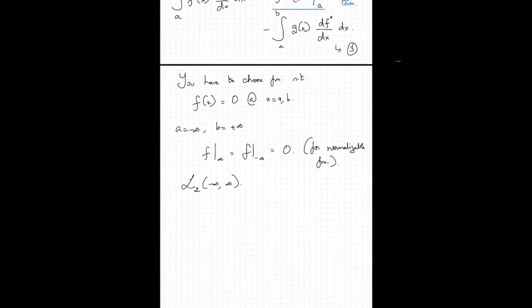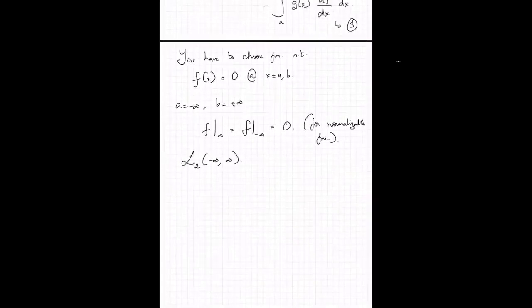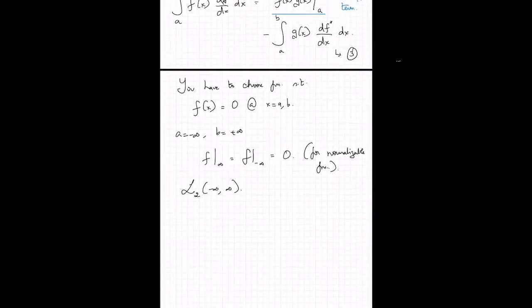So in the space L2 of minus infinity to plus infinity, I have the curious looking formula that the adjoint operator of d/dx is not actually d/dx, but the adjoint of d/dx, which I will symbolically denote as (d/dx)†, is actually equal to minus d/dx from equation 3.